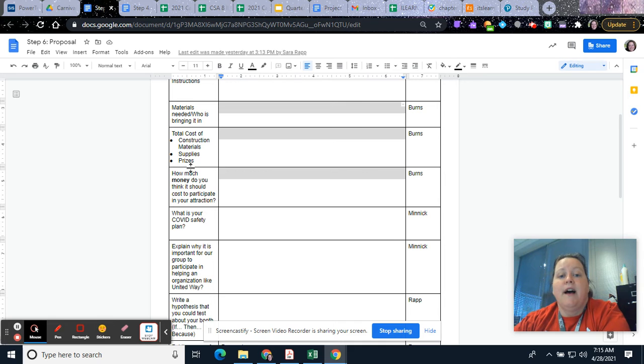Now, for prizes, we're going to do this a little differently. Instead of each booth having to hand out their own prizes, we will have a prize table. So, what I want here is just an estimated cost for the amount of prizes that you would need for the day. We'll dive into this a little deeper later on in the project.